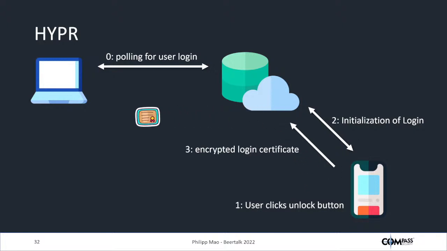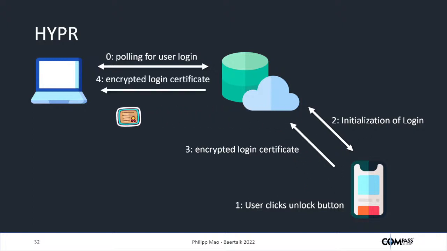And the HYPR cloud server forwards it to the HYPR service on the computer by sending the encrypted login certificate as a response to one of those polling requests. And the HYPR service is going to take this encrypted login certificate, decrypt it, pass it to the HYPR credential provider, and the HYPR credential provider is going to pass it to the login process where it will be validated and the user is going to get logged in.